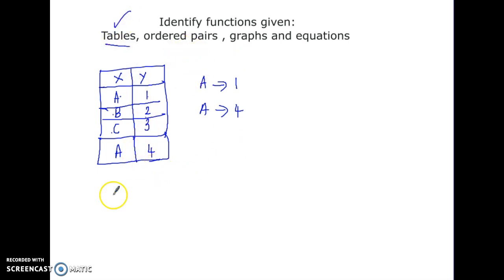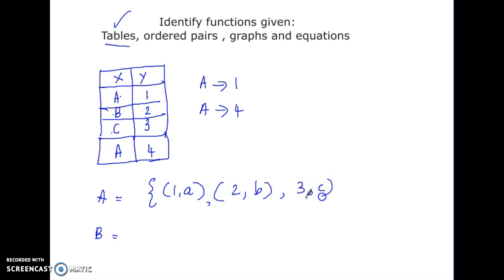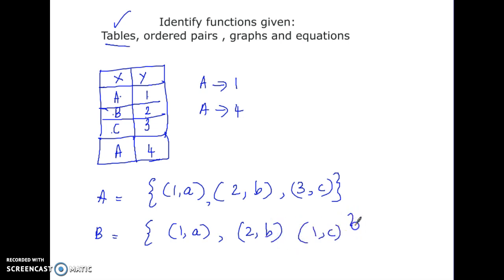Ordered pairs. So I'm giving you 2 sets here, set A and set B, and let's see which one is a function and which one is not. Let's say I have (3, C), this is my set A, and set B is (1, A), (2, B), (1, C).